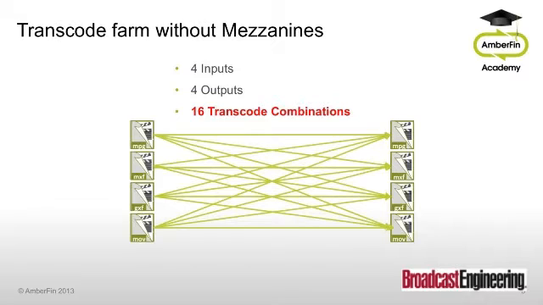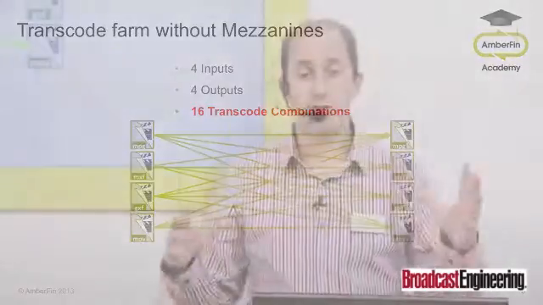So, well, we looked back at the problems associated with video codecs, with wrappers, with transcoding, and how Amberfin actually solved these previously. So, in the case of transcode farms, with all the many inputs and the many outputs, such as MPEG-2, DNxHD, AVC Intra, MXF, GXF, MOV, when transcoding from all these inputs to all these outputs, you can see here the matrix becomes quite overwhelming and really quite untestable.